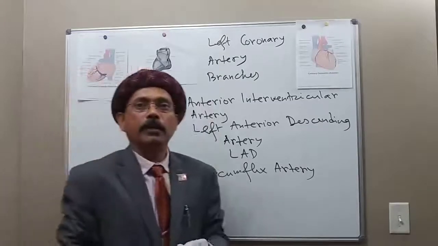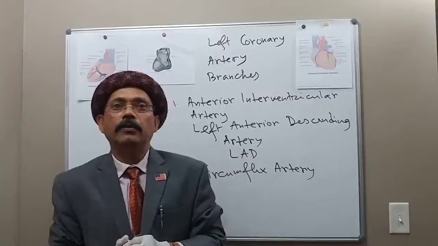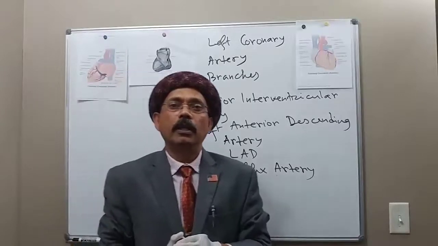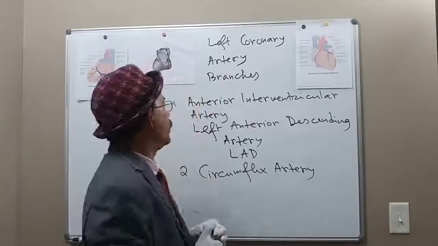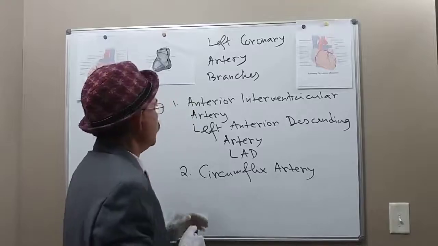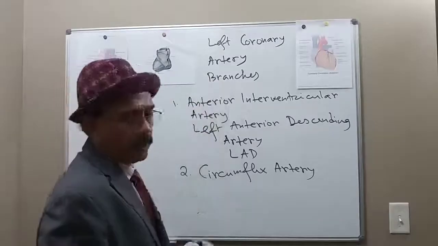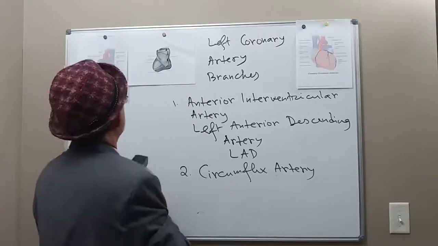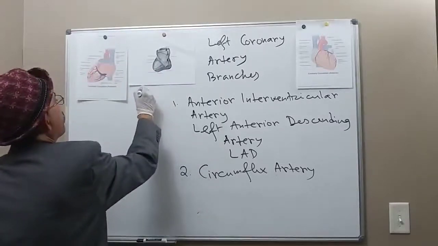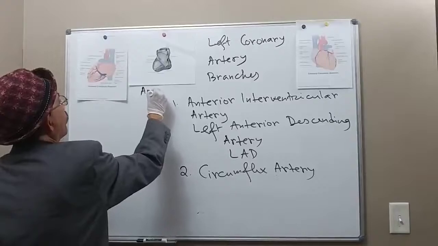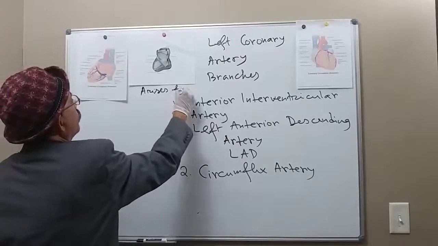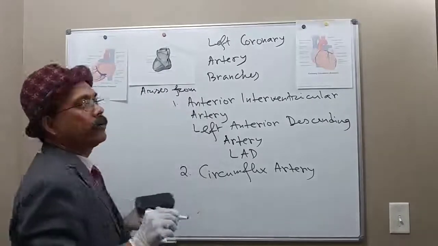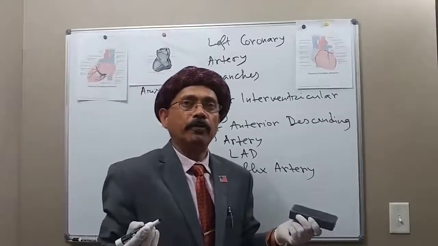The left coronary artery arises from the left posterior aortic sinus of the ascending aorta. From where it begins, it arises from the ascending aorta. Which part of the ascending aorta?